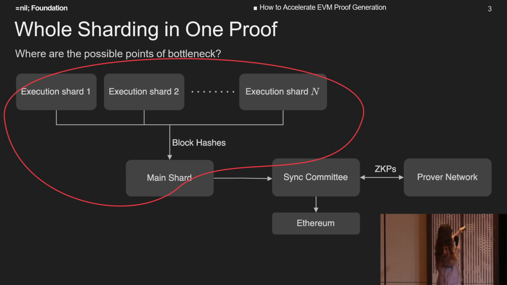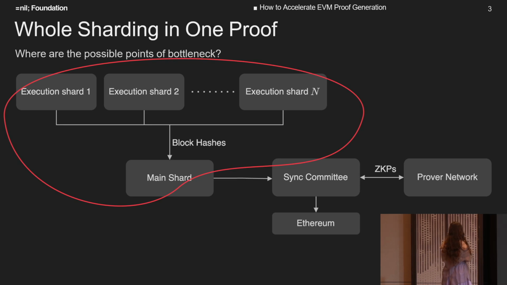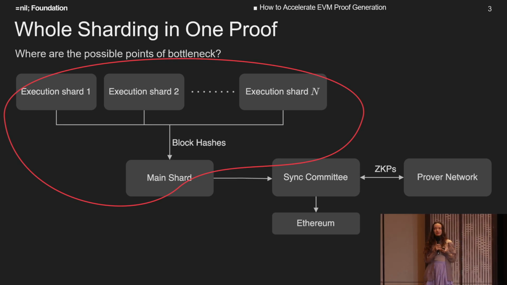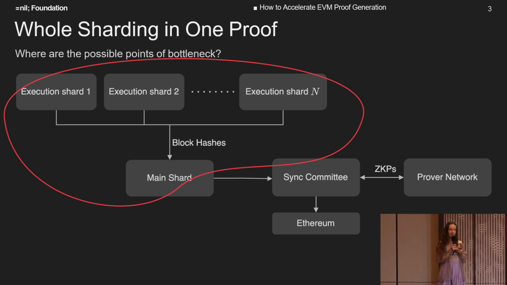So you generate a proof for execution shard 1 and a lot of other proofs, and then you try to aggregate them. Only after that can you send it to Ethereum. And it's a complicated question in terms of hardware and how we can prove it.